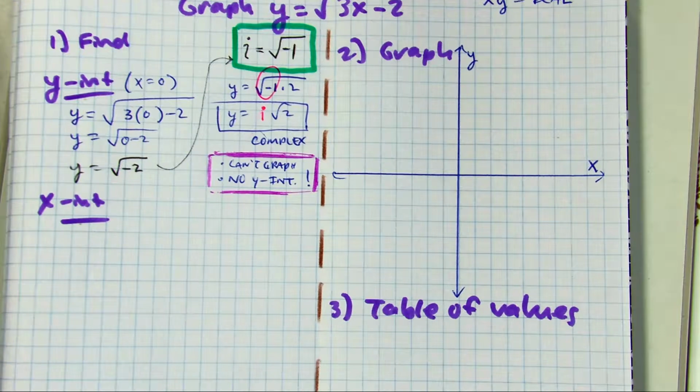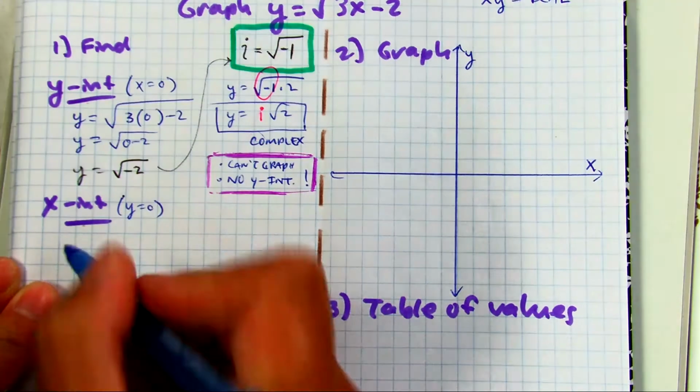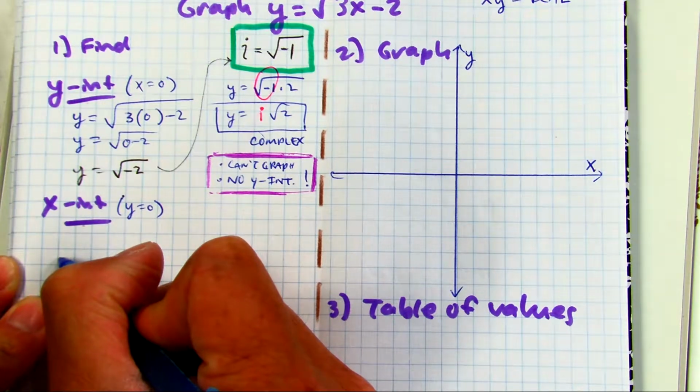Where's Frida? Hi, Frida. How do you find an x-intercept? Tell me the original. No. Write the original. Yes. Okay, now substitute.